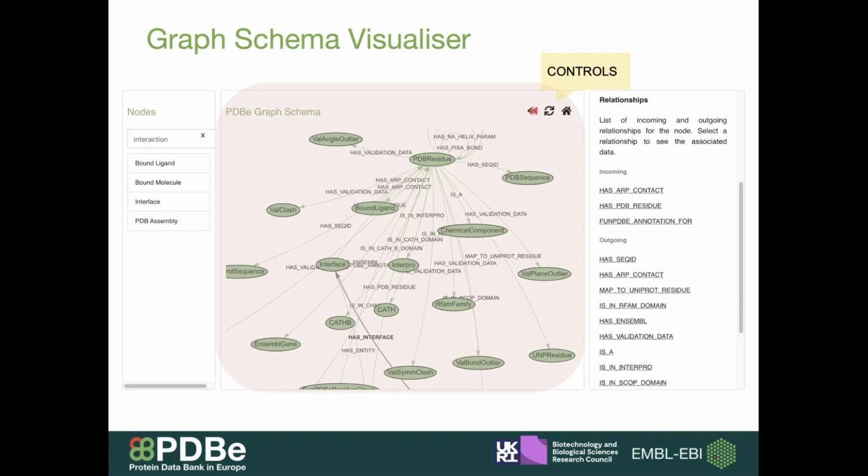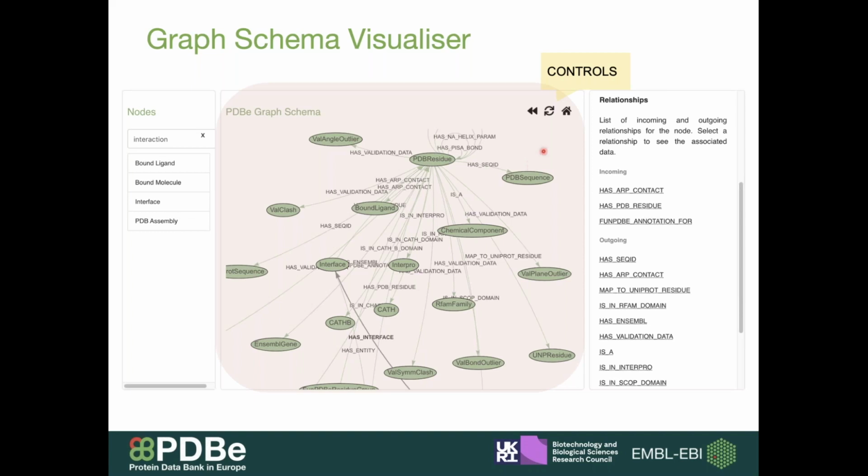The view can also be reset using the refresh button on top right. This would be especially useful when you try to expand more and more, and you end up getting a messy visualization.